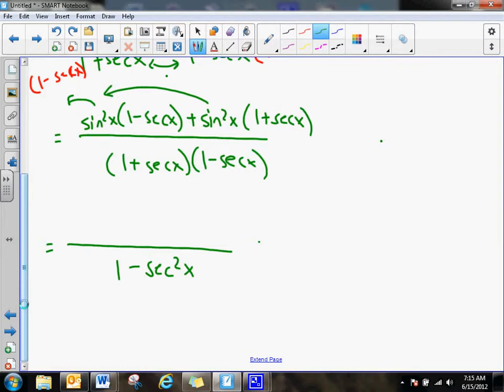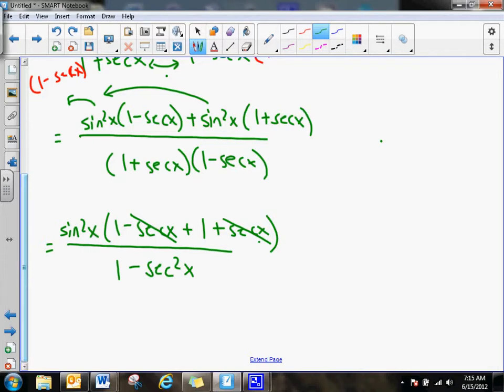Whenever I factor out sine squared, something good always happens to me. It's just crazy how that works. 1 minus secant of x, and then plus, and then 1 plus secant of x is what's left. I love that. I told you, good things happen when you factor out sine squared.